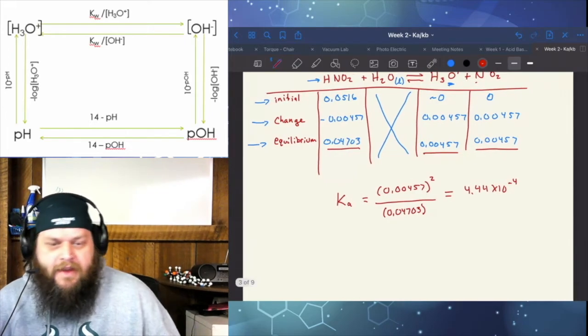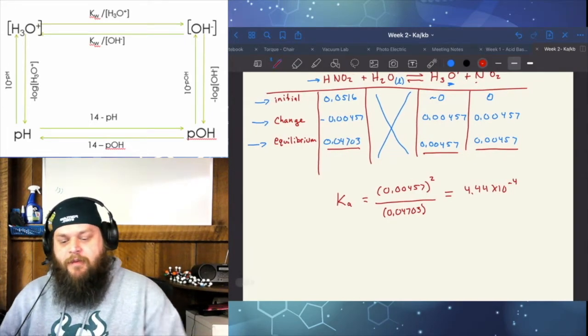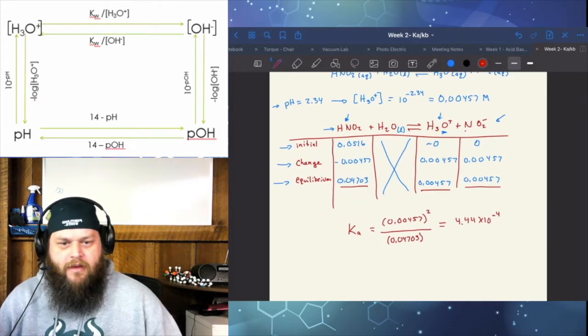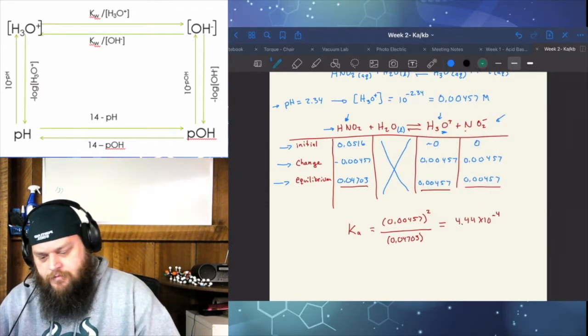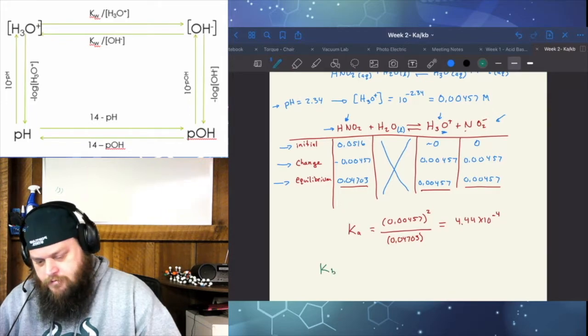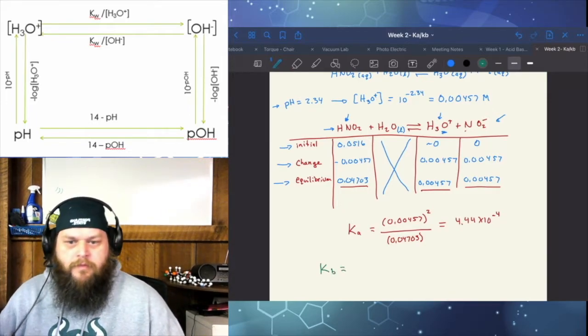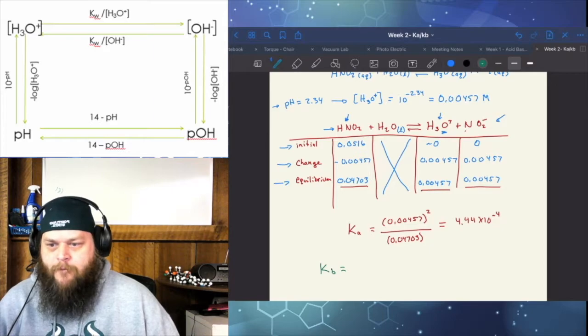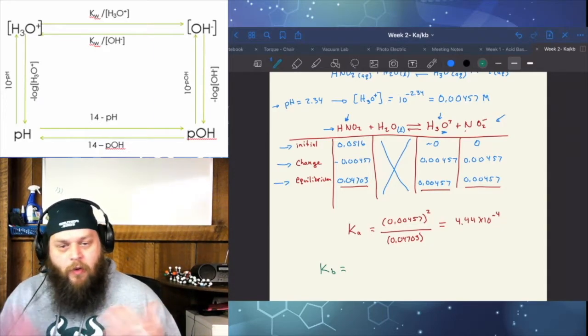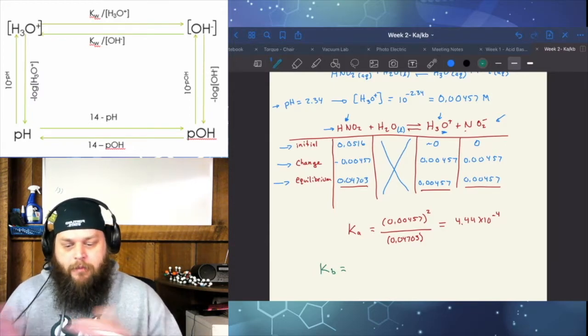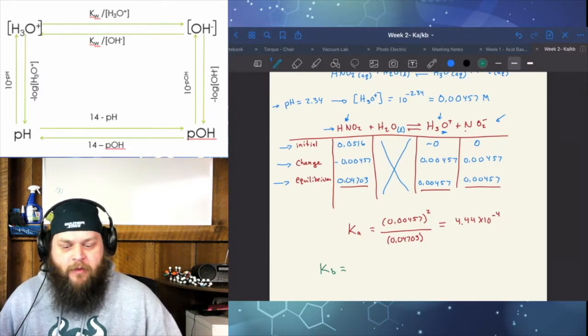So if we wanted to find the Kb value for the same reaction, what would that be? Do we have to do a whole other ICE table for the base reaction, kind of going backwards?